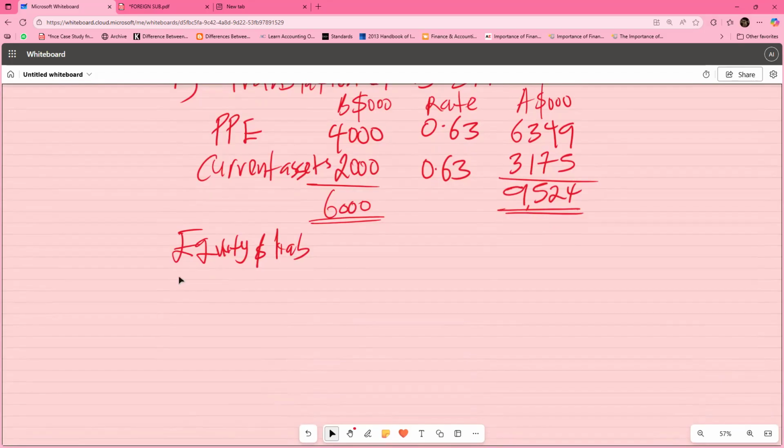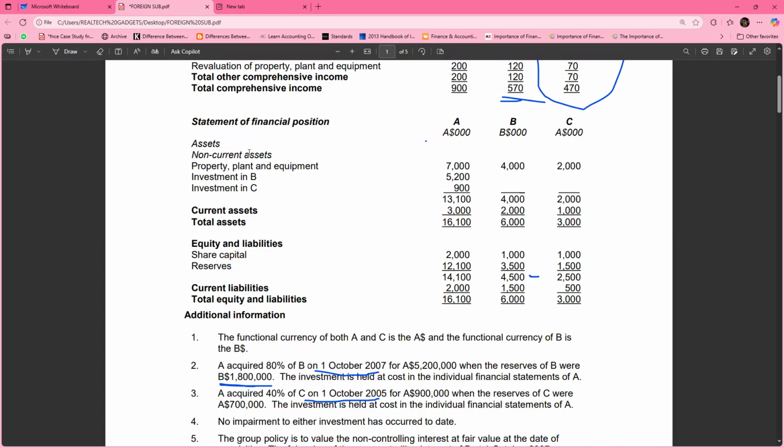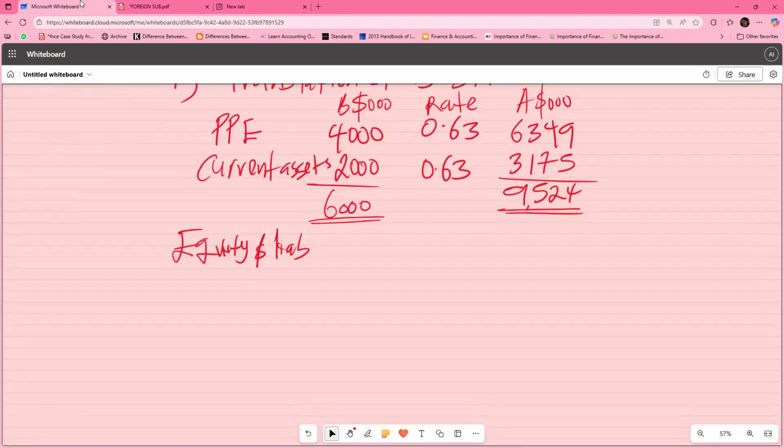In this question, there is no non-current liability, so we only have current liability, which is 1.5, that is 1,500 in the subsidiary's currency, which translates to 2,381 when divided by the closing rate.